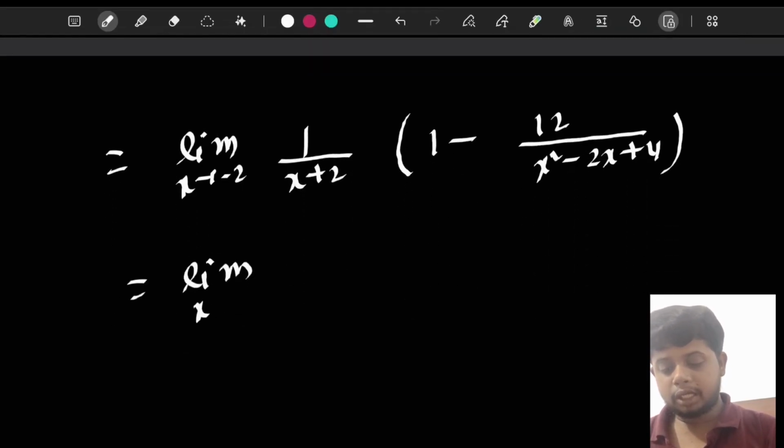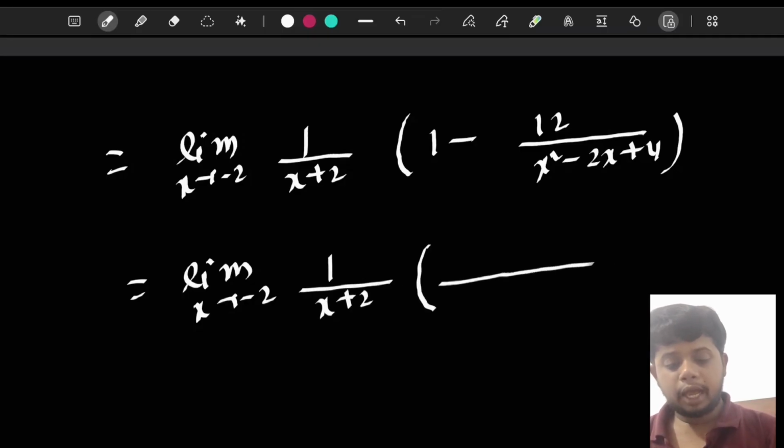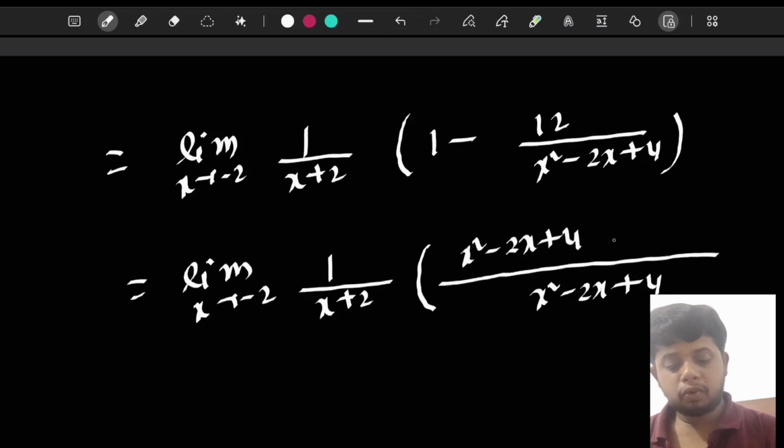I'm getting limit x tending to minus 2, 1 by x plus 2, and here I'm getting x square minus 2x plus 4 minus 12 over x square minus 2x plus 4.